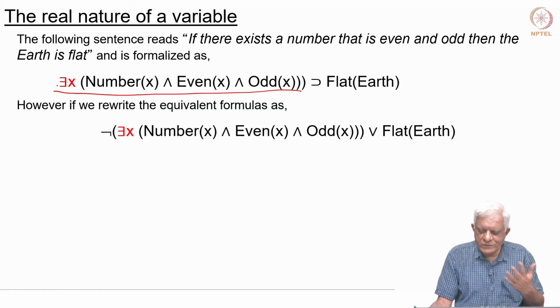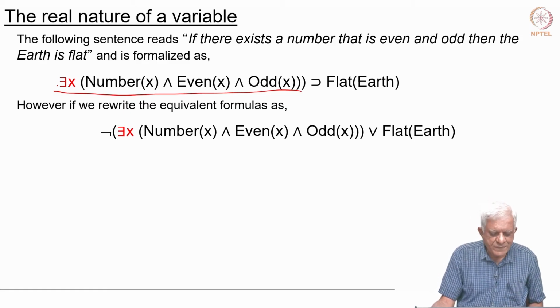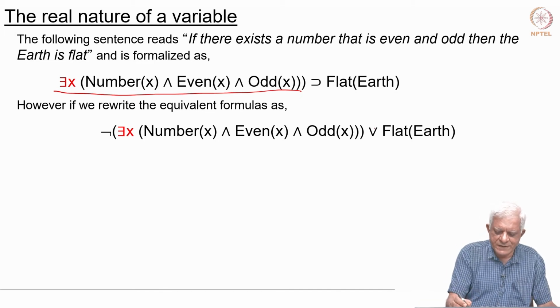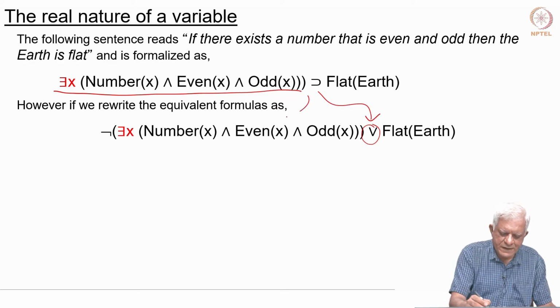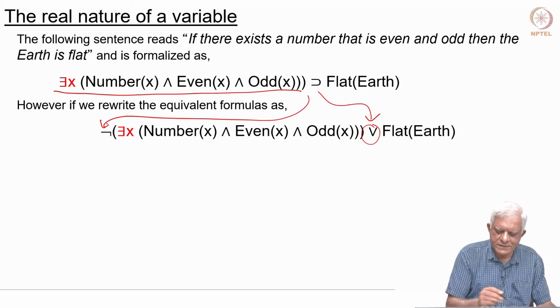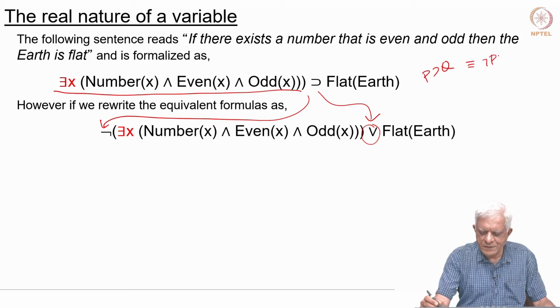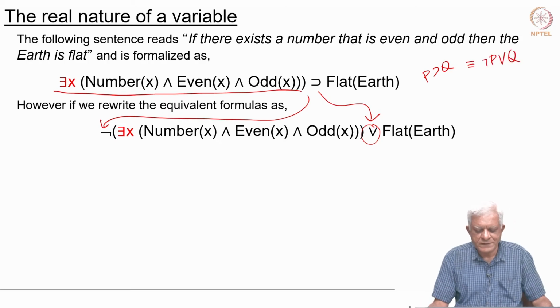We could now use some of our rules of substitution here by replacing this implication by this thing and adding a negation of this. Remember that we said P implies Q is equivalent to not P or Q. That is what we have done here.